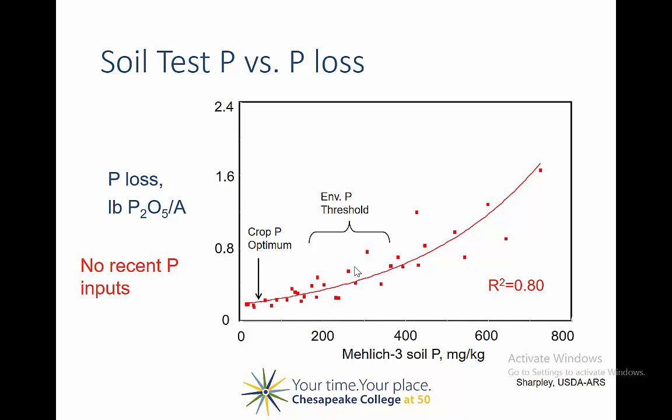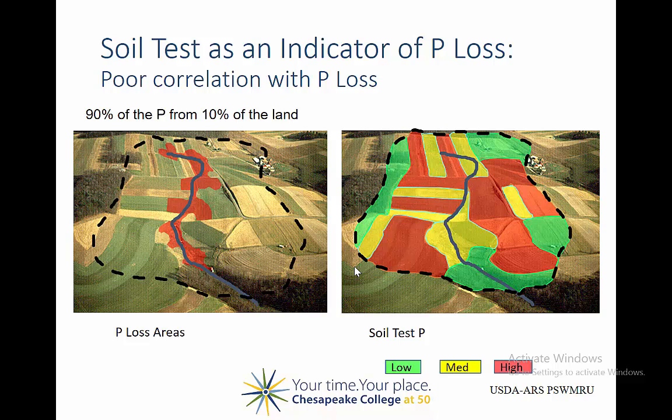I think that's an interesting point to note because that's a pretty large range of soil test P, okay? First glance, this looks nice, but when you start picking it apart, it starts falling apart a little bit, all right? So let's move on.